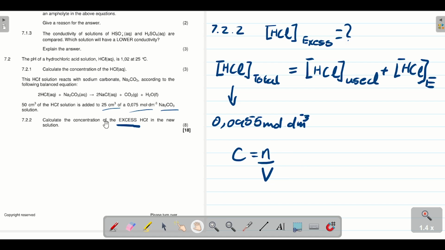After we get the number of moles of sodium carbonate, we can use this balanced equation to get the number of moles of hydrochloric acid. And then once we have the number of moles of hydrochloric acid, we can get the concentration of that hydrochloric acid that's being used to react with the sodium carbonate. So let's do that.